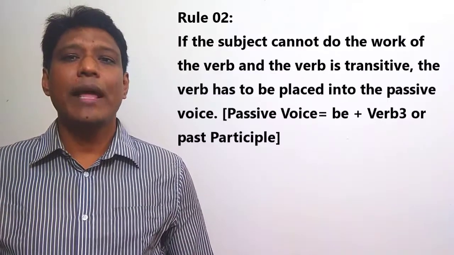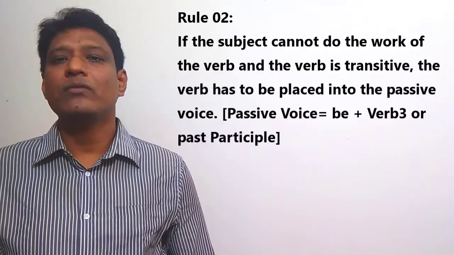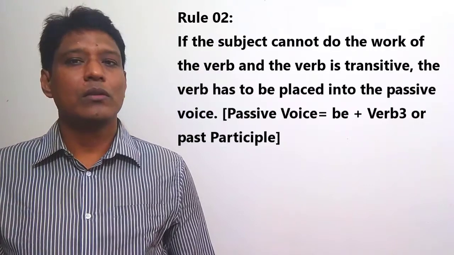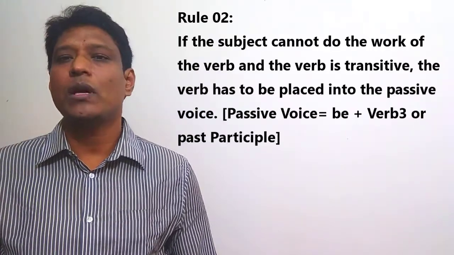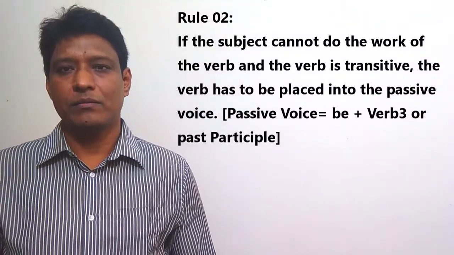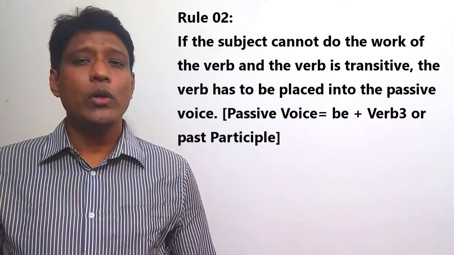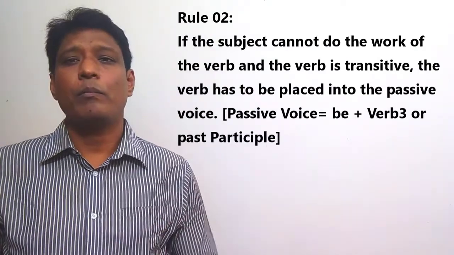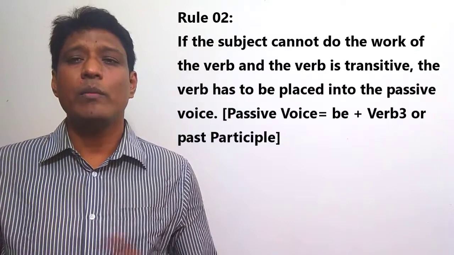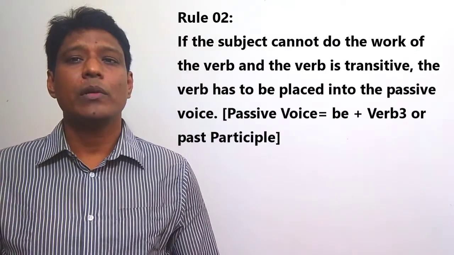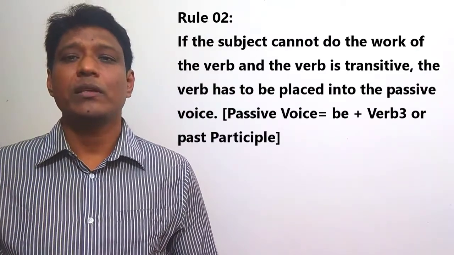Rule number 2. If the subject cannot do the work of the verb and the verb is transitive, the verb has to be placed into the passive voice. And we know in the last class, passive voice could be made in a short form, be plus V3.